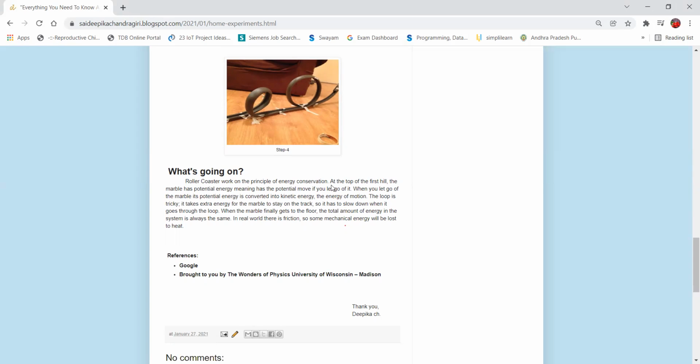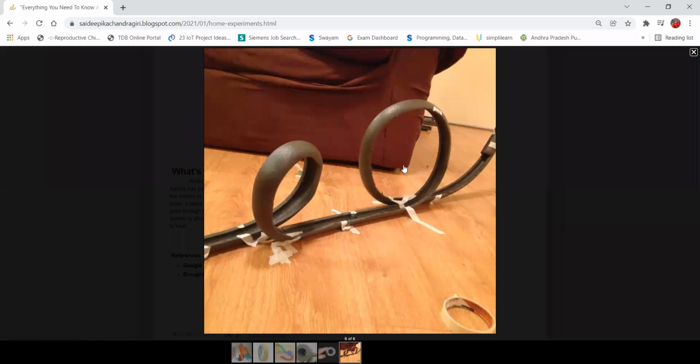For example, if we take this picture and throw one small ball at this place, it moves like this, and here it stops.